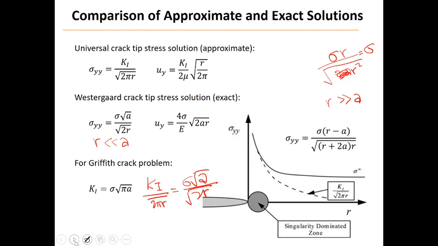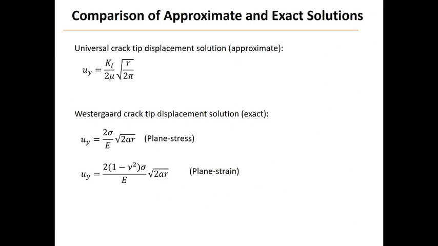And this square root of a dependence is again consistent with Griffith's analysis and also Inglis's.